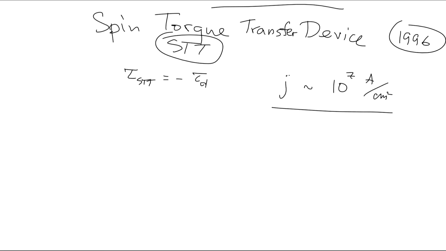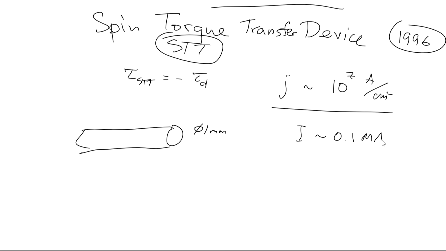Is it big or not? Well, if you take a typical wire, you can calculate the current density to achieve this level. So if you have a diameter of 1 millimeter, and that's typical for wires used in our lab, then to achieve that current density, you should drive currents of approximately 0.1 mega amps, 100 kiloamps.